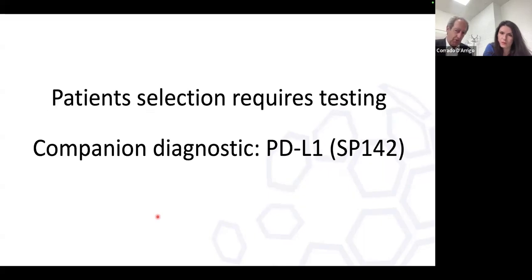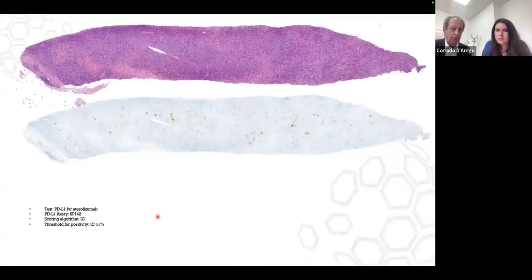So the companion diagnostic for atezolizumab is SP142. Here is a core biopsy stained with SP142. The nice thing about SP142 is that it's a high contrast marker. You can see it at low power. If you look at low power, I mean times 2 or times 4 in your microscope, you get a sense of whether something is positive or negative.